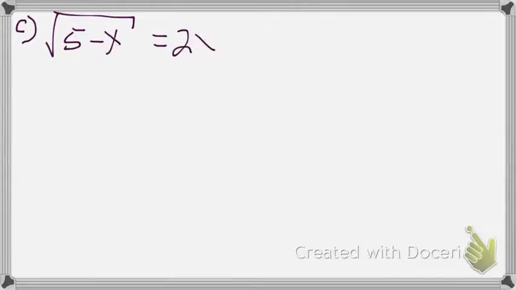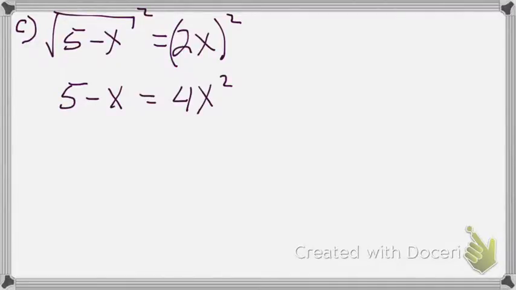Is the square root of 5 minus x, and that equals 2x. Square each side, I get 5 minus x equals 4x squared.